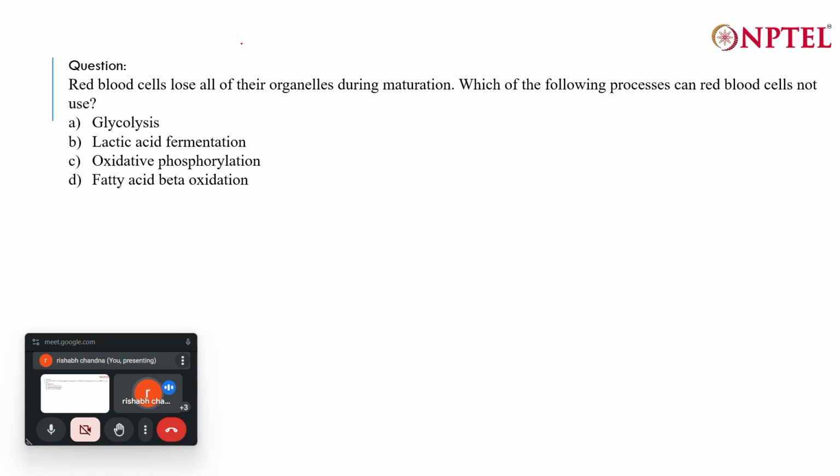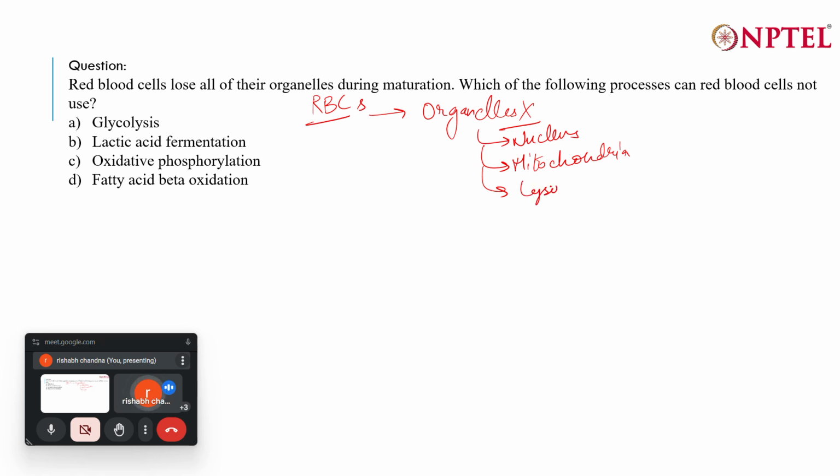So, RBCs actually don't have any organelles. No organelles are present. So, neither nucleus nor mitochondria nor lysosomes, so that they can make space for the oxygen that they are carrying.